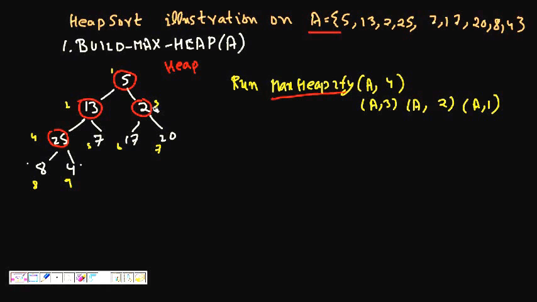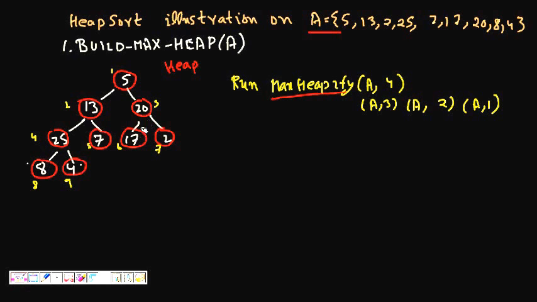For node 3, 2 is less than 17 and 20, so we swap 2 with the maximum among its children, which is 20. So 20 comes here and 2 goes there.